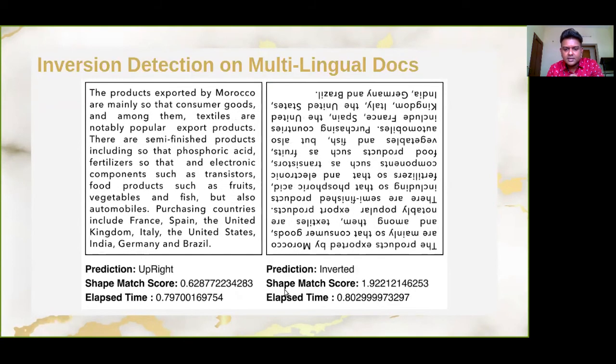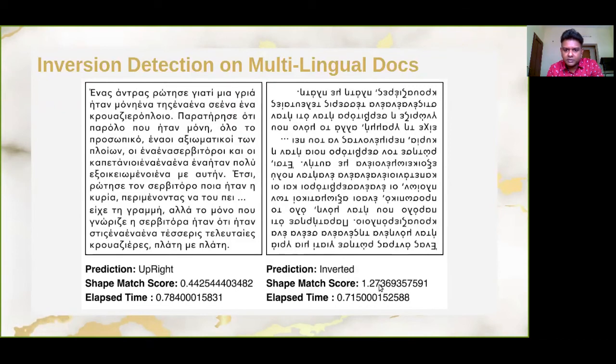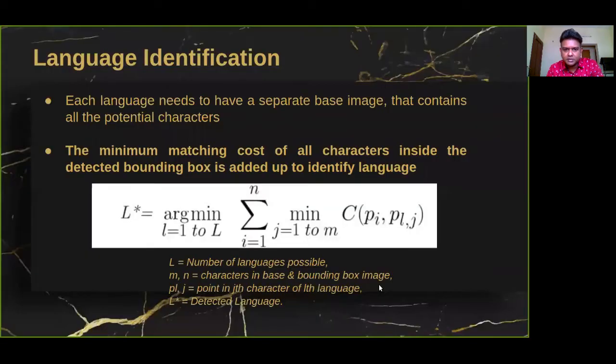So in all these cases, there is a significant difference in the shape match score between the upright and the inverted image. To identify the language, we can have different base images, each containing all the alphabets of one language. Let's say there are 10 languages, we can have 10 base images.